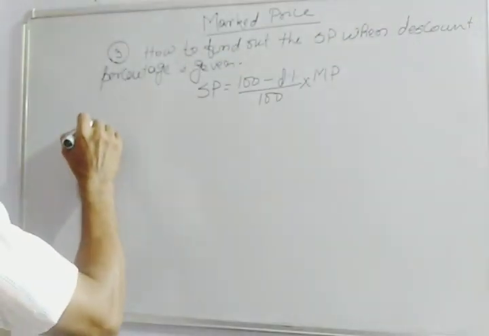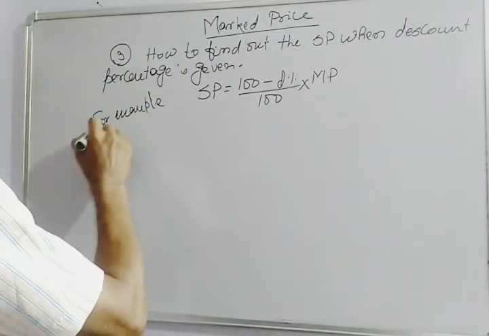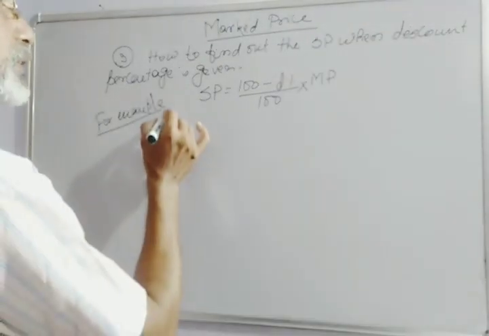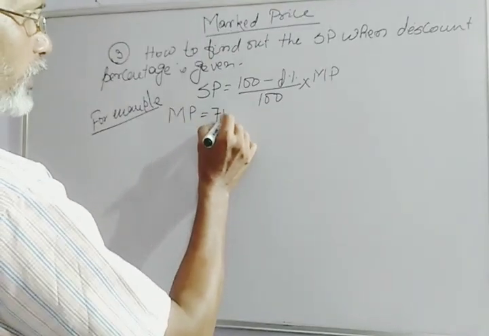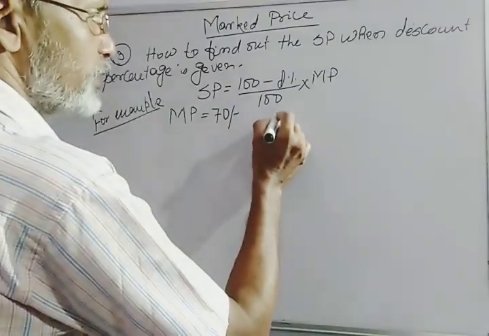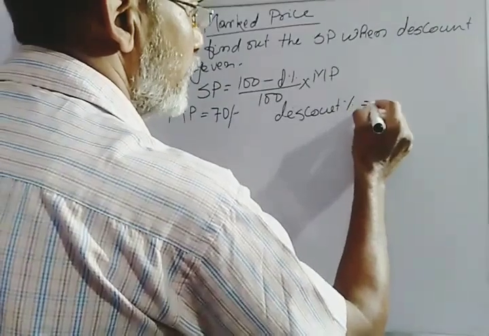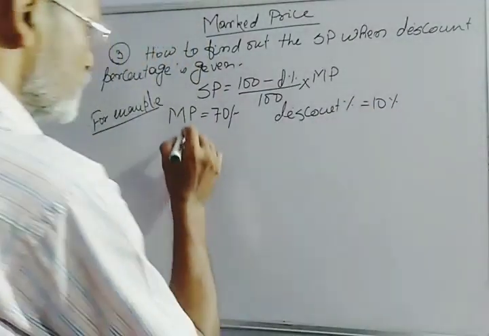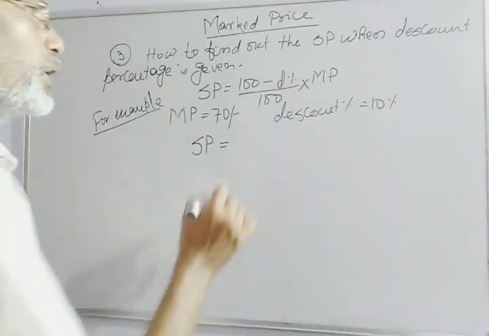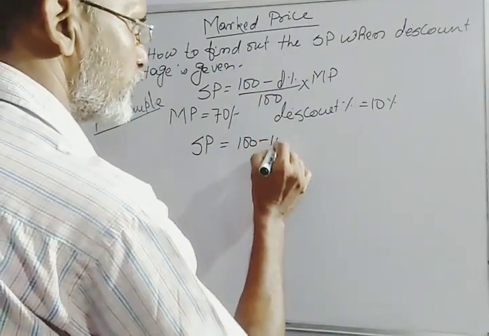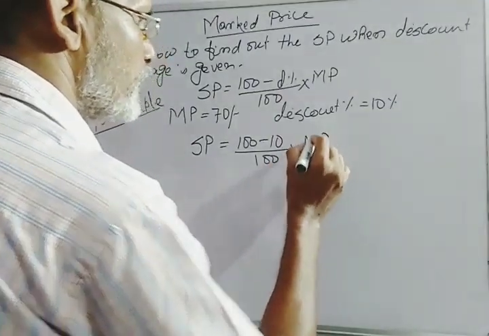That means, for example, number 1, if mark price is equal to 70 rupees and discount percentage is 10%, then selling price is equal to 100 minus 10 by 100 into MP.